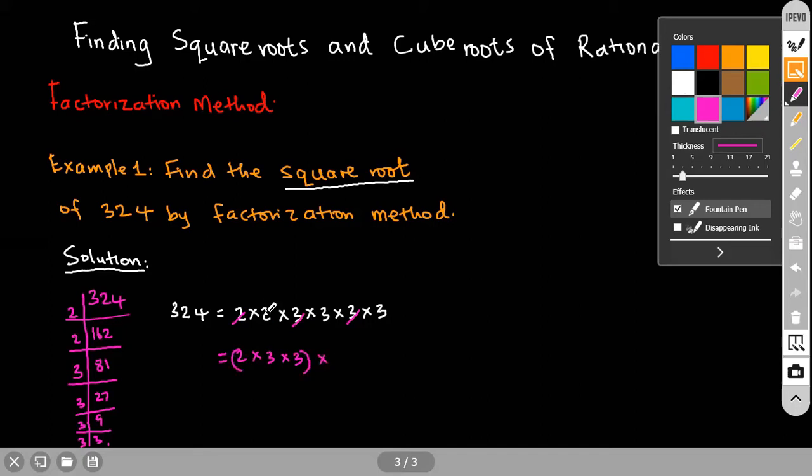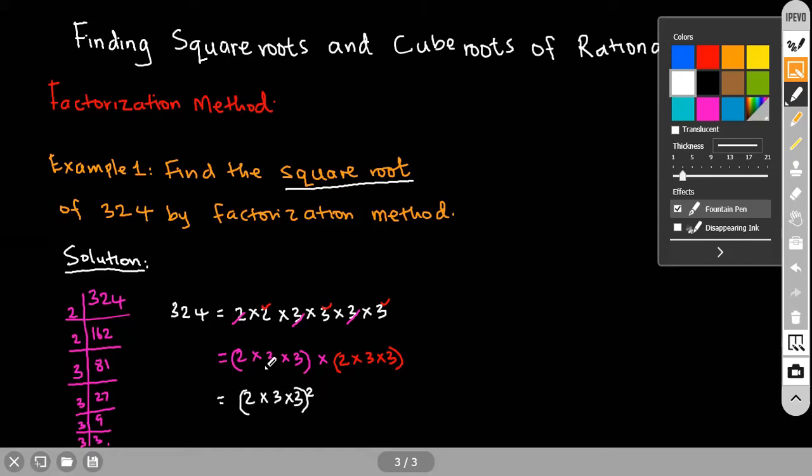And the other group is this 2, this 3, and this 3. So we have 2 times 3 times 3. So altogether, you see that you're having 2 times 3 times 3 squared.